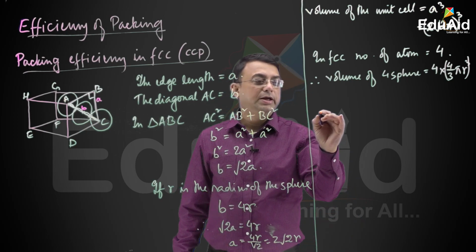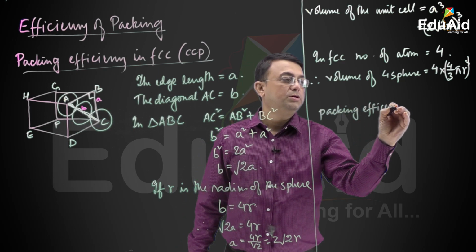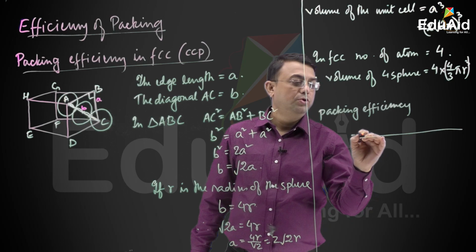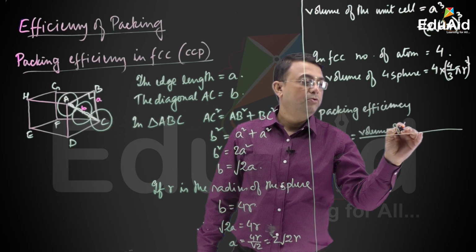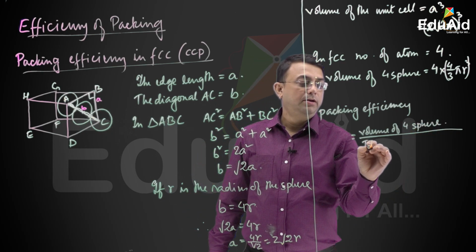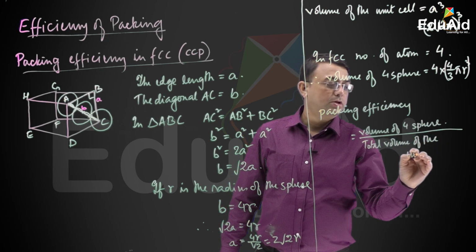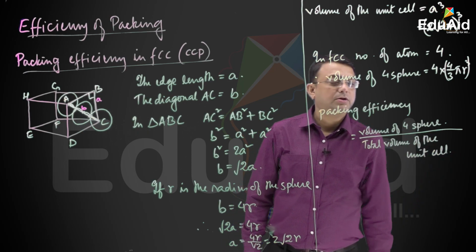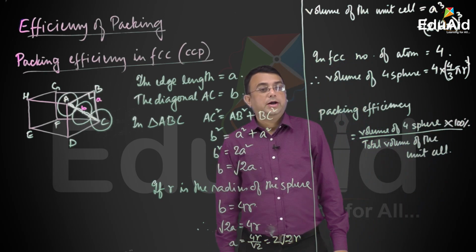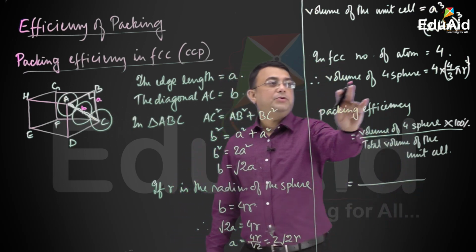So what is then the packing efficiency of this case? It is equal to volume of 4 spheres over total volume of the unit cell, into 100%.